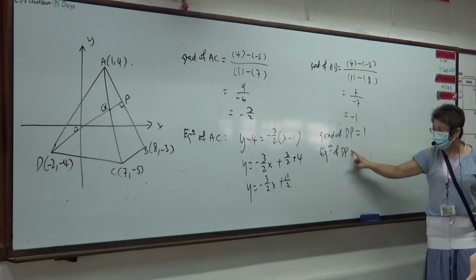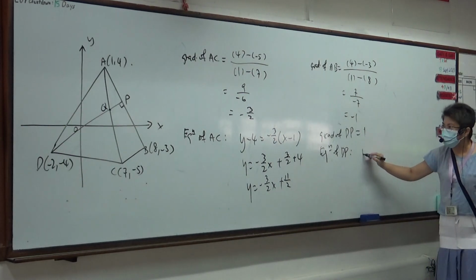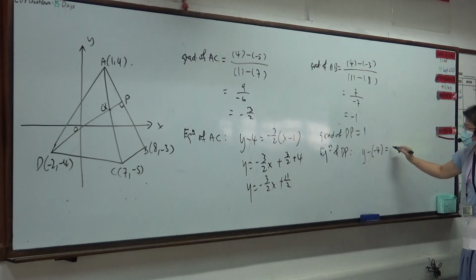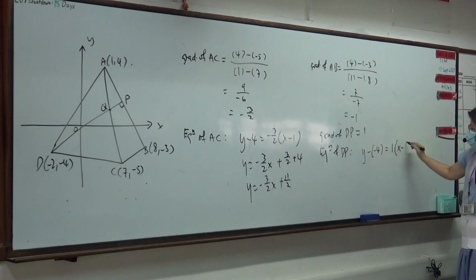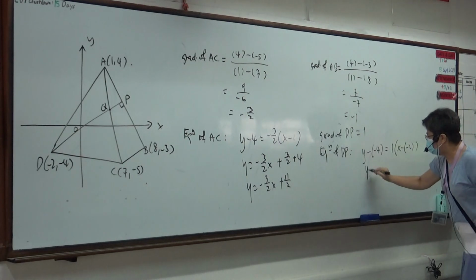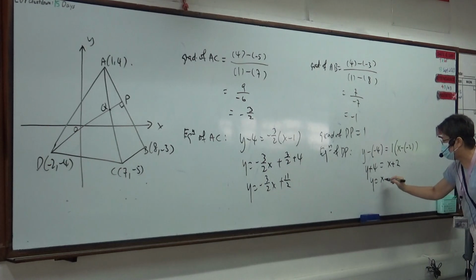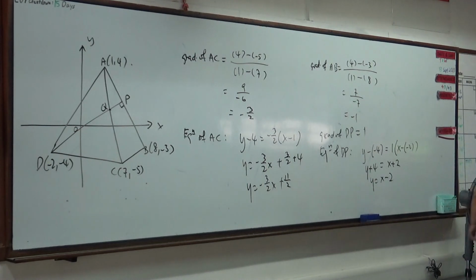The equation of DP is y minus 4 equals 1 times x minus 2. So y equals x minus 2. Correct? The equation of DP is y equals x minus 2, right?